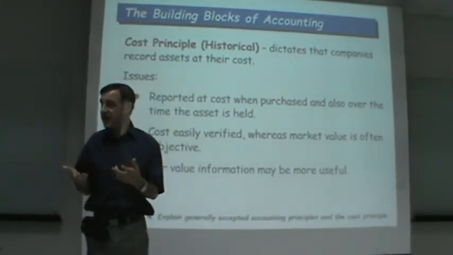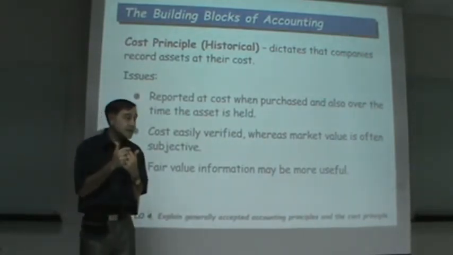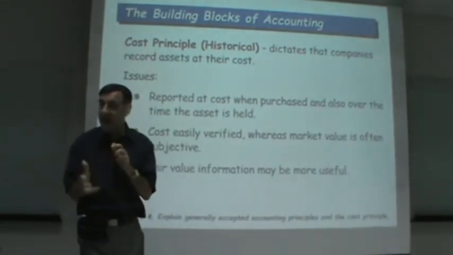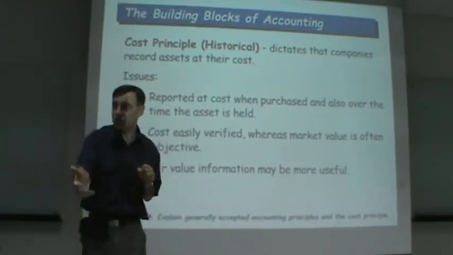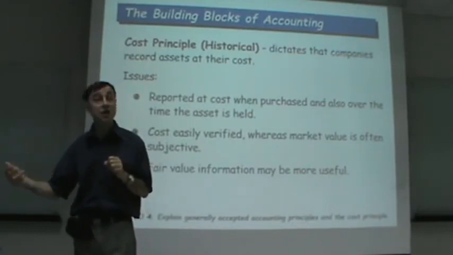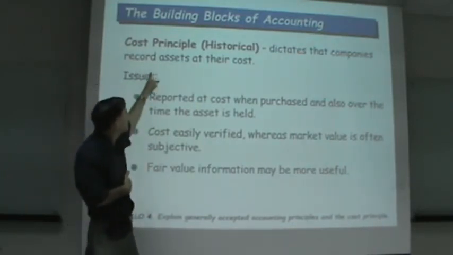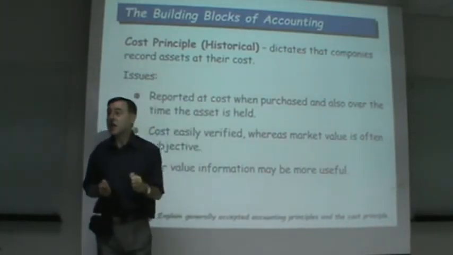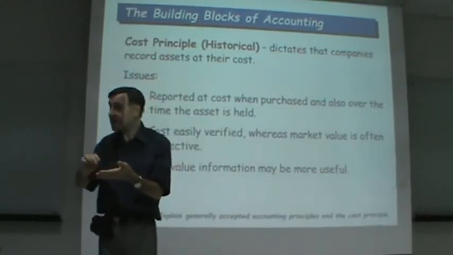And it simply says that when a company buys an asset, again, I'll be explaining, an asset is something of value. For example, a chair, a table, a computer, a laptop. You record it at its cost. So, if you pay 10,000 baht for it, you must say it's 10,000.